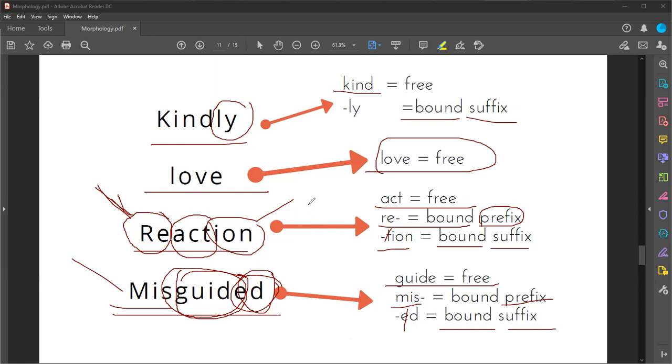Okay, everyone, I hope you understand how we dissect or how we identify the free morpheme and the bound morpheme, especially the affixes, namely the prefix, what is the middle? I forgot. Infix, and the last is the suffix.